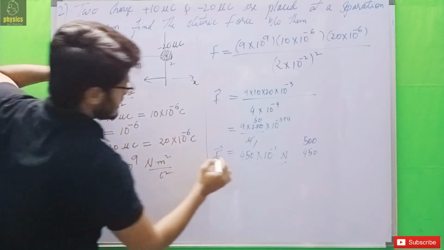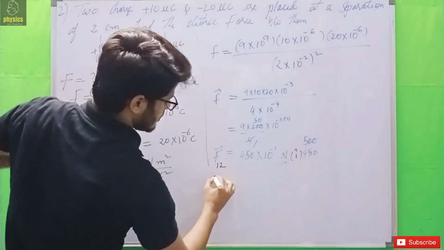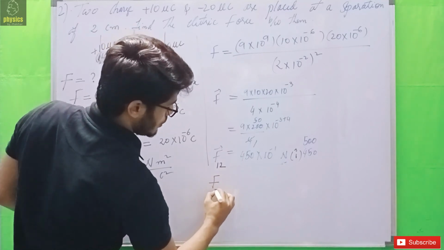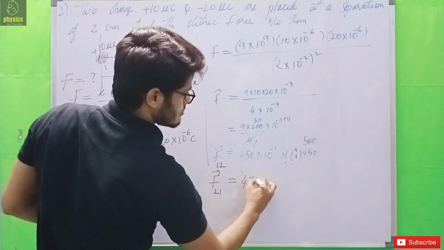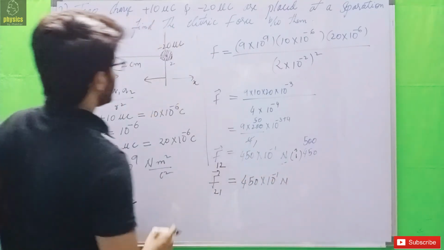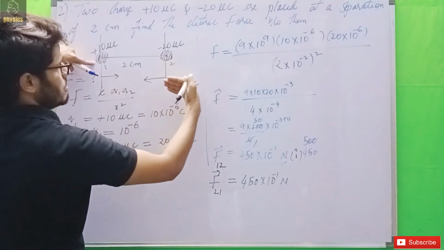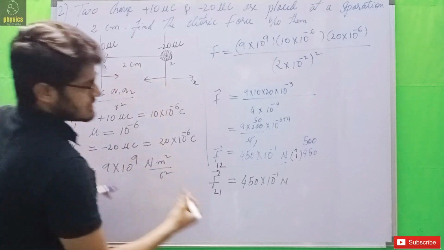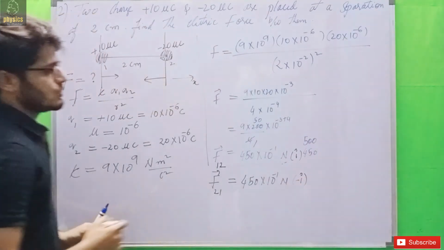So this will get i cap. Now if you are doing the force on 2 due to 1, the force will be in newtons. The direction will be the force on 2 due to 1. This will have this direction, meaning minus i cap. So this is how you solve it.